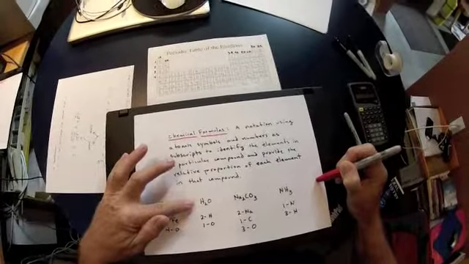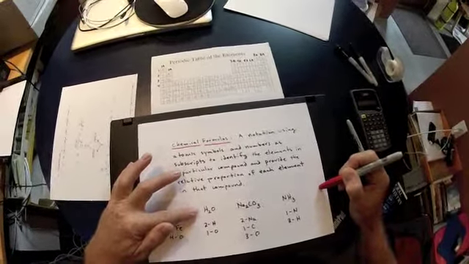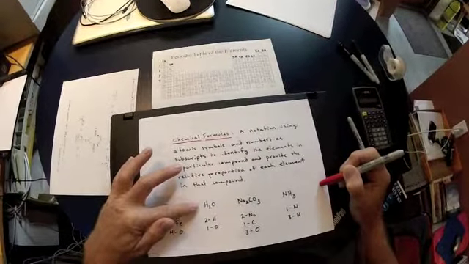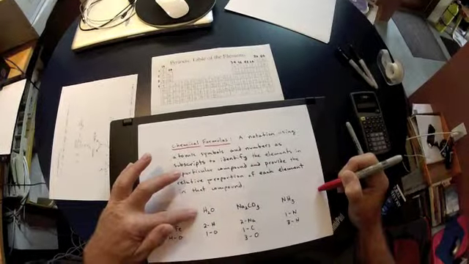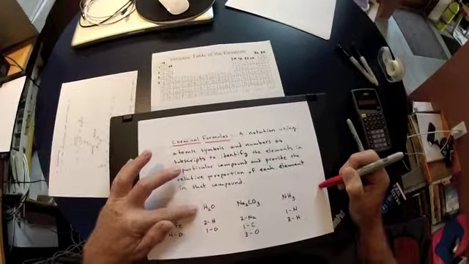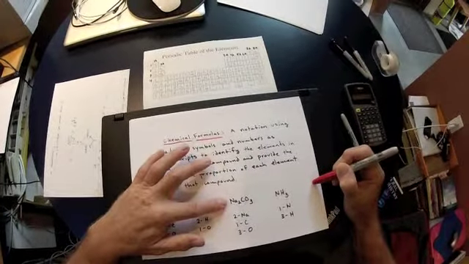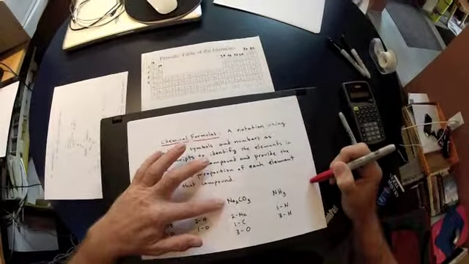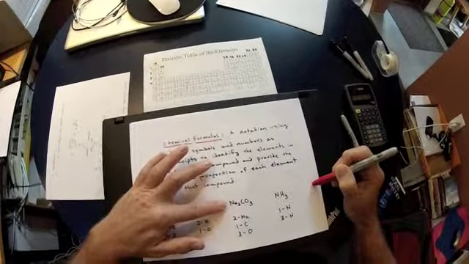Another example is H2O, water. In the formula, we see that the subscript 2 follows down and right of the hydrogen. That means there are 2 hydrogens in every molecule of water, and there is 1 oxygen. Sodium carbonate: in this compound, there are 2 atoms of sodium, 1 atom of carbon, and 3 atoms of oxygen.